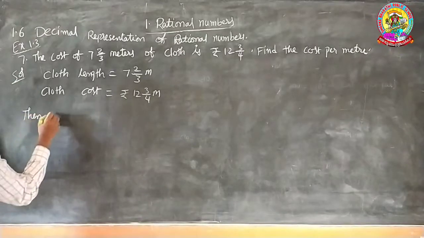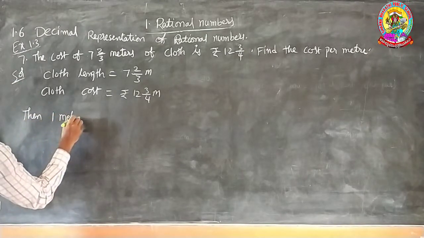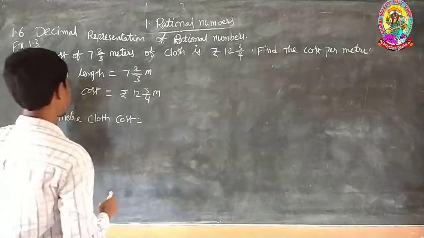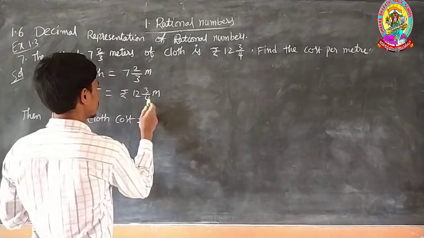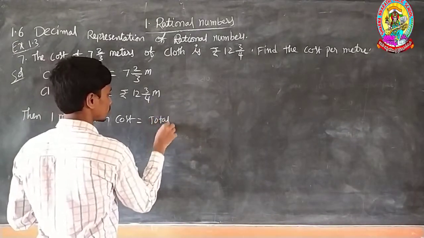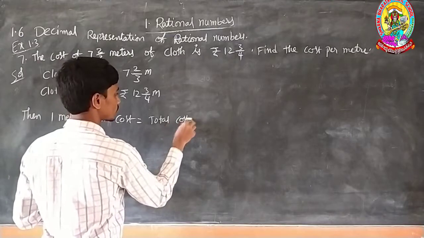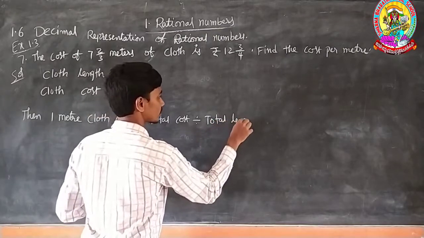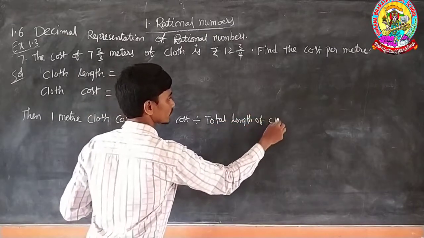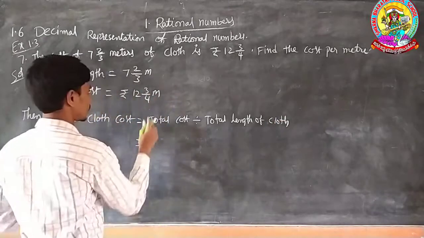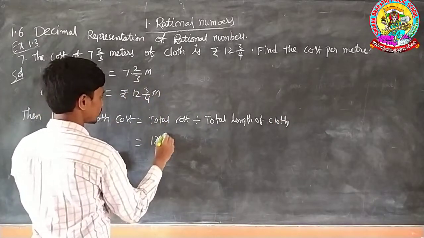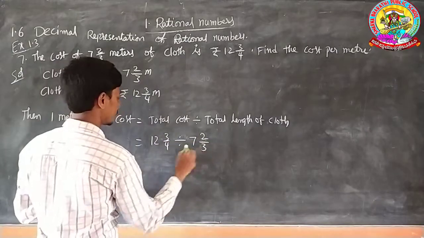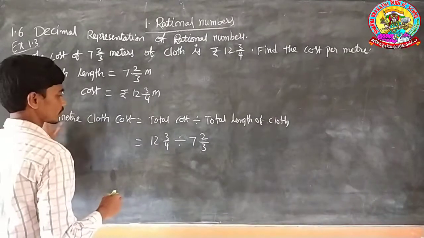Then 1 meter cloth cost is equal to total cost divided by total length of cloth. So the total cost 12 3/4 divided by 7 2/3 gives the 1 meter cloth cost.